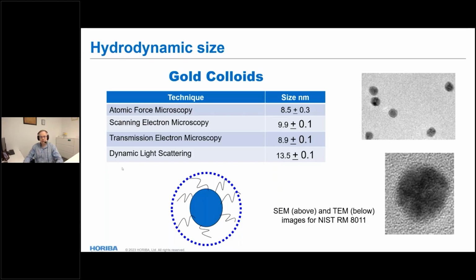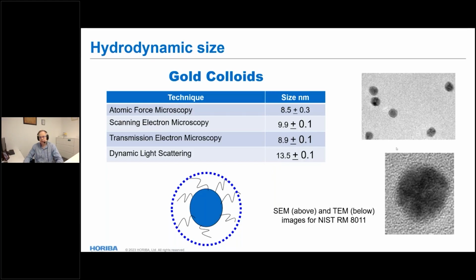The reason you don't find this 13 nanometers back in those electron microscopy measurements is that the microscopy is going to depend on the difference in electron density. Electron density of gold is quite high, and you may not even notice that there's really any sort of shell around this particle.